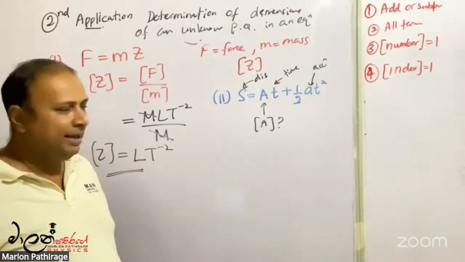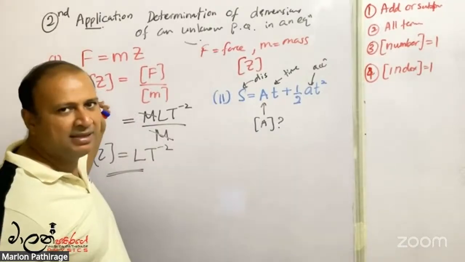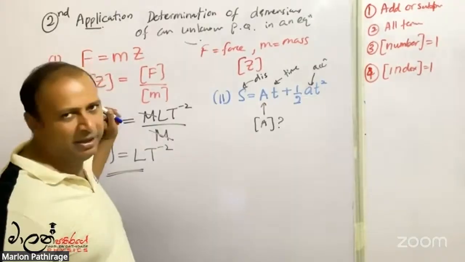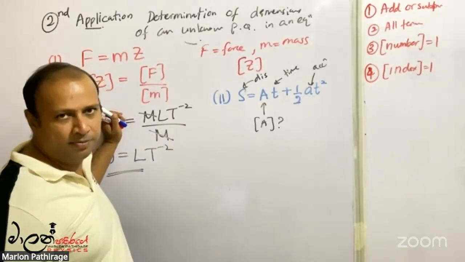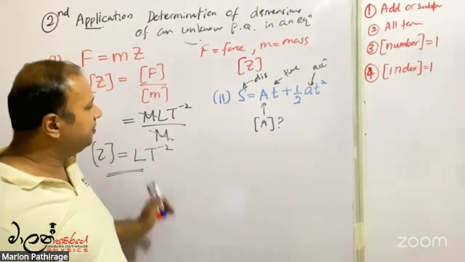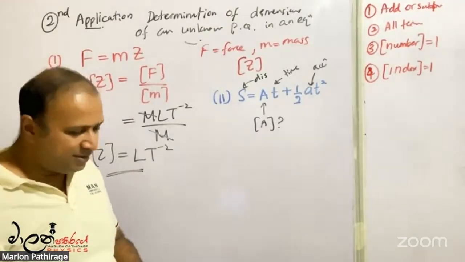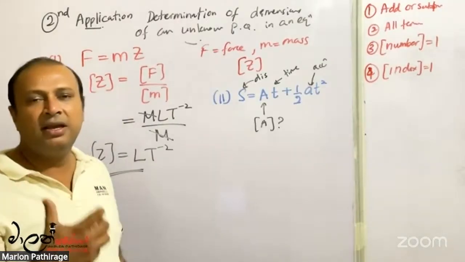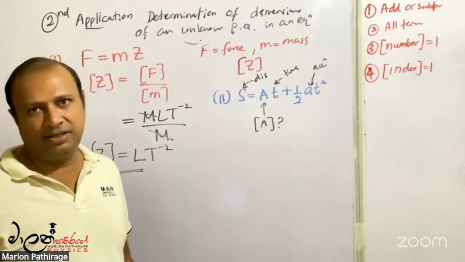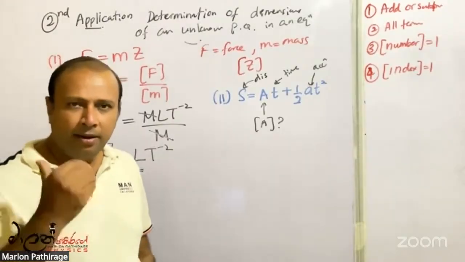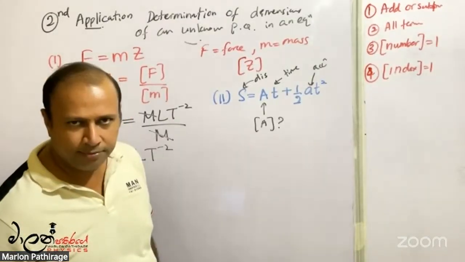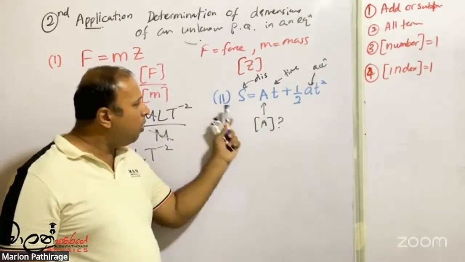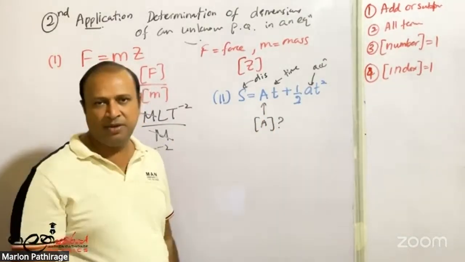And here it is okay because this is a single term equation. But here we cannot do that. So without subjecting, I can use the rules in dimensional analysis. You know, in our second rule, if there's an equation, all the terms in an equation should have the same dimension.